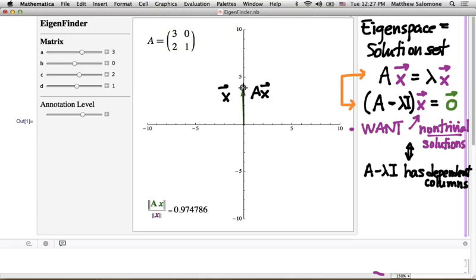So if I have a square matrix that has dependent columns, Zach, what were you and I saying about this matrix? If a matrix has linearly dependent columns, what else do we know about it?